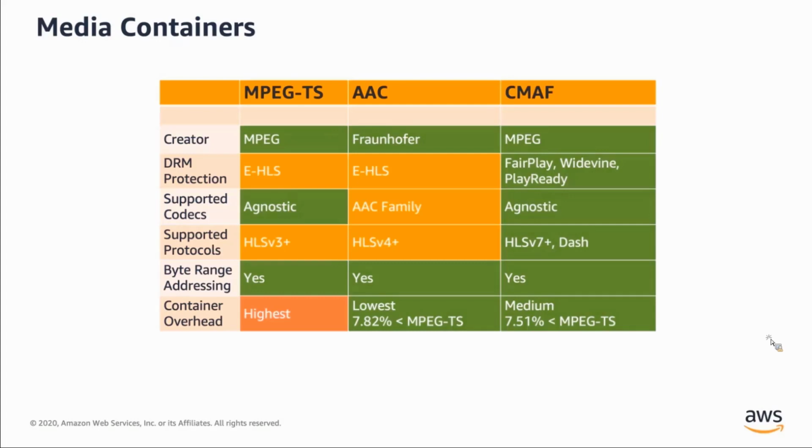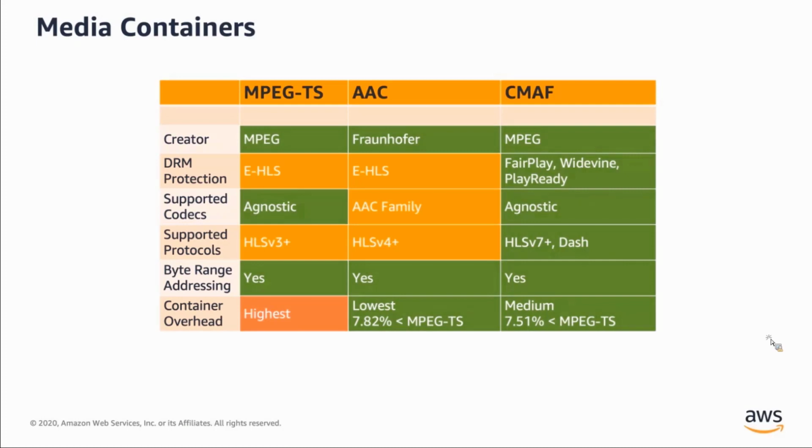And last but not least, we looked at the CMAF format. This is a format that comes from MPEG-DASH, and it's probably the most forward-looking format that we looked at. It not only supports industry standard DRM, such as FairPlay, Widevine, and PlayReady, but it's also completely codec agnostic, just like MPEG-TS.